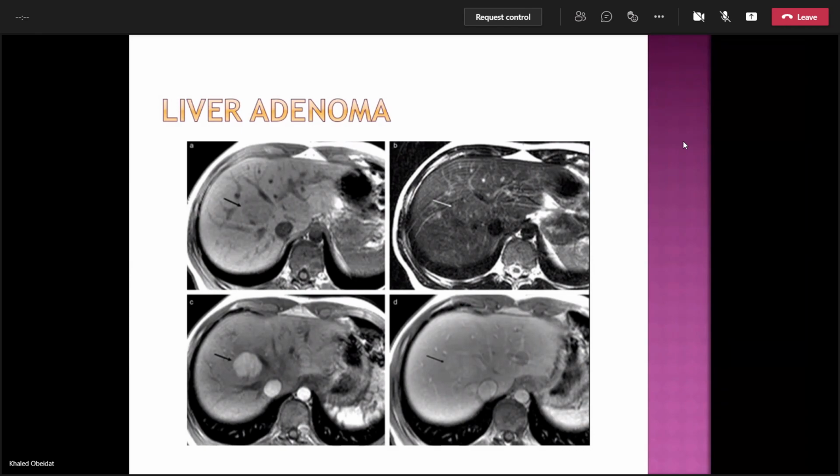This is MRI. They may appear a little hypodense on T1 without contrast compared to the surrounding tissue. And on T2 weighted images, if we remember, hemangioma was bright. Here we can see it's isodense, similar to the surrounding liver parenchyma. And in the late phases, there may be some contrast still there, but most of the contrast is gone.